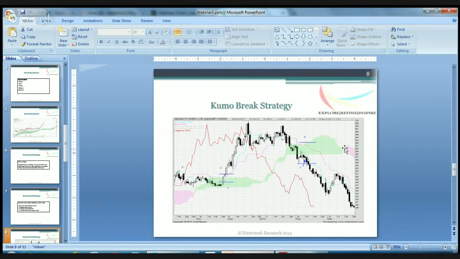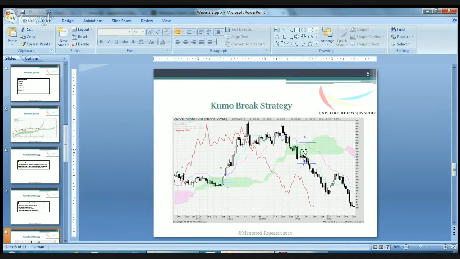By that time, the future cloud had turned bearish, which is what you want to see in a bearish Kumo strategy. So the future cloud turns bearish, and Shikao is below the candles from 26 days ago, which is right here. This point here corresponds to this point, so it is below the cloud, below the candles from 26 days ago, which is what you want to see. So all conditions are set here.